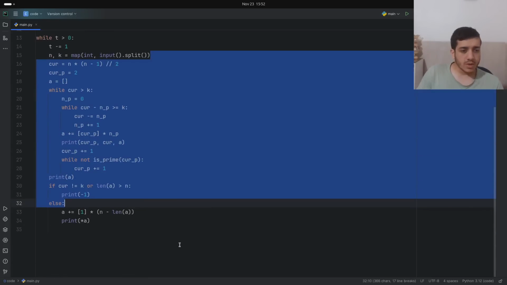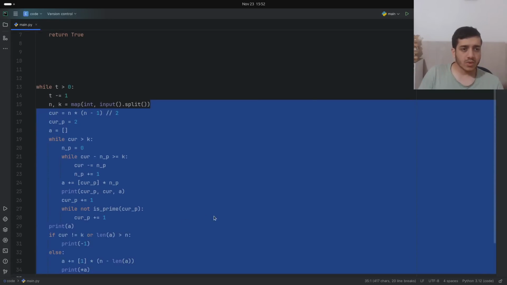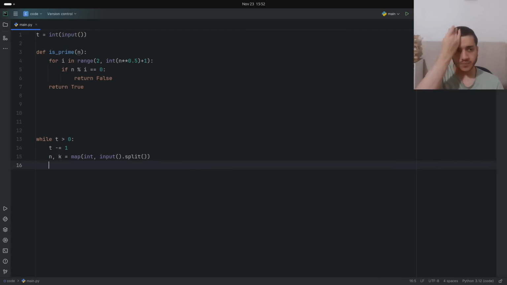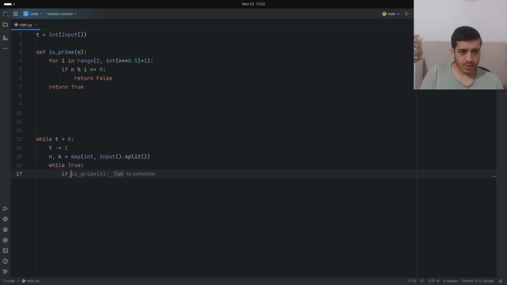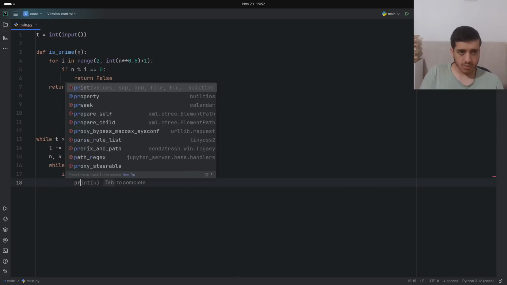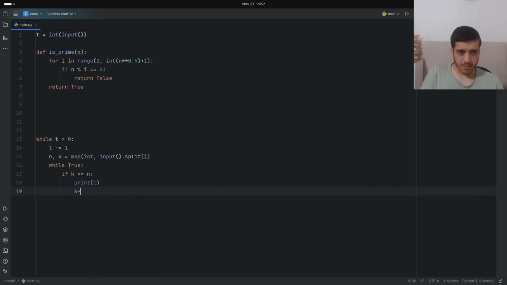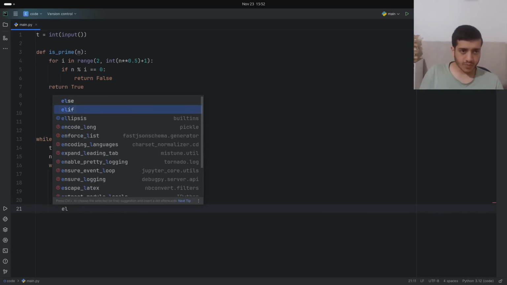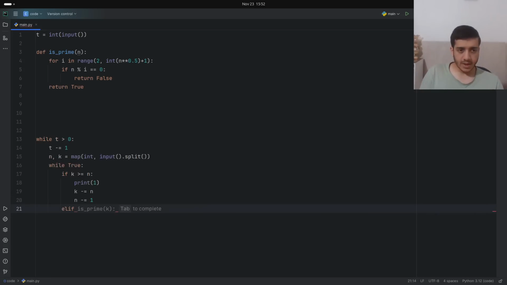Okay, let me do something like this. If k is at least n, print 1, else if. Now we know that k is less than n.